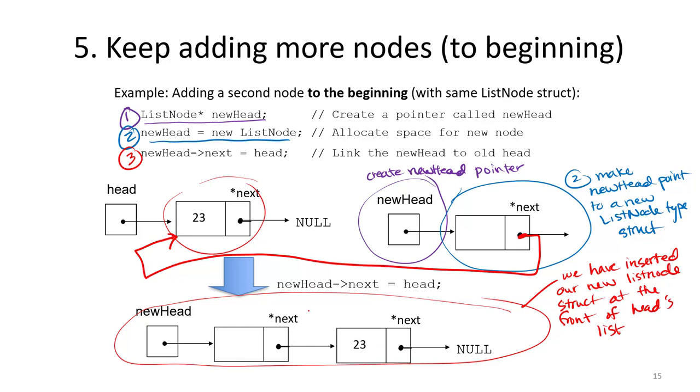So notice now we have newHead and next attached to our old linked list containing our head pointer, which is still pointing to that node that contains 23.